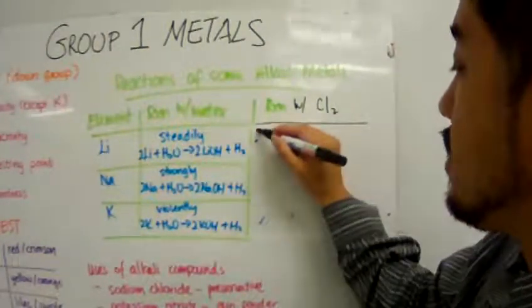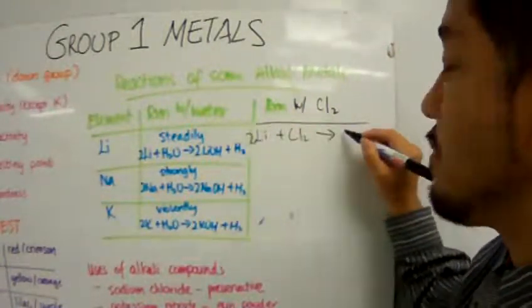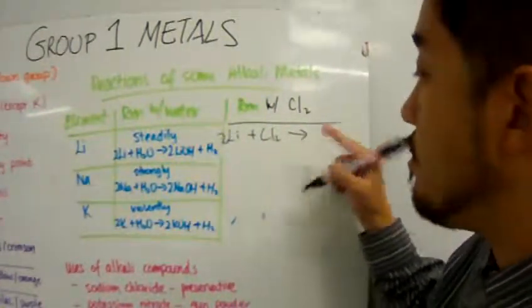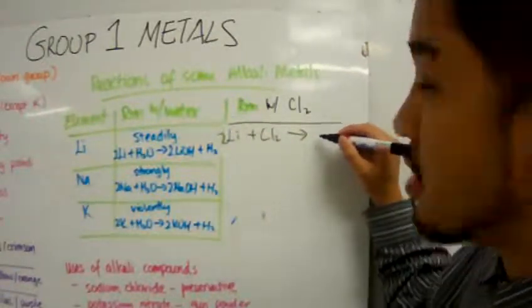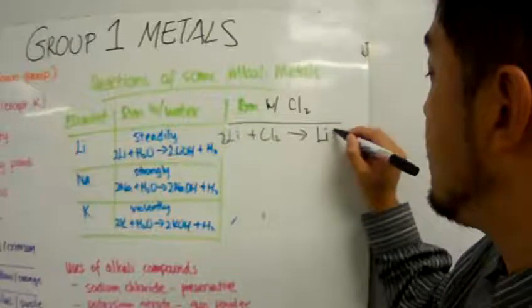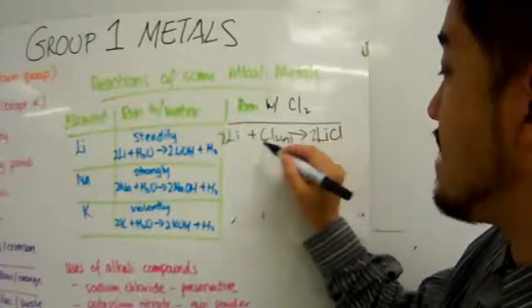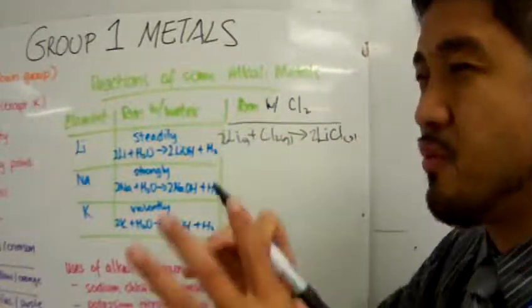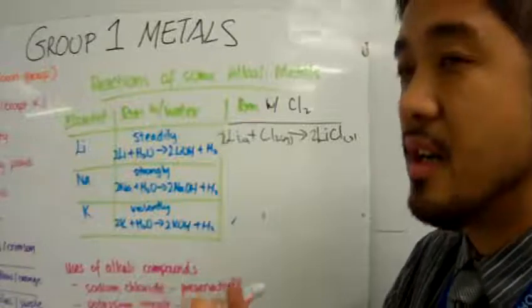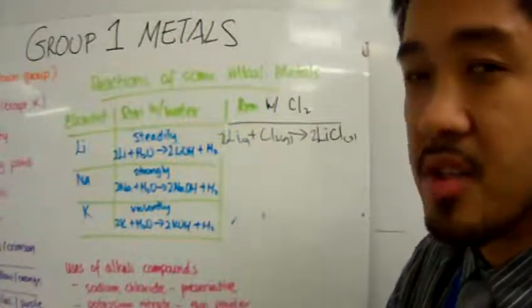But if you were to do it, this is what you'd do: you will make 2 lithium atoms mixing with chlorine gas to form lithium chloride. This will be the gas, this will be the solid, and you should get a vapor of some sort that's actually little particles of solid.